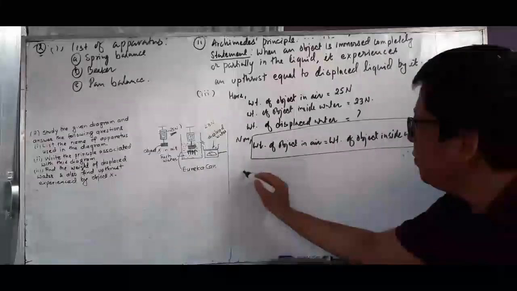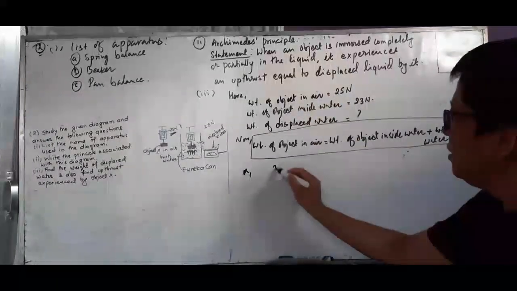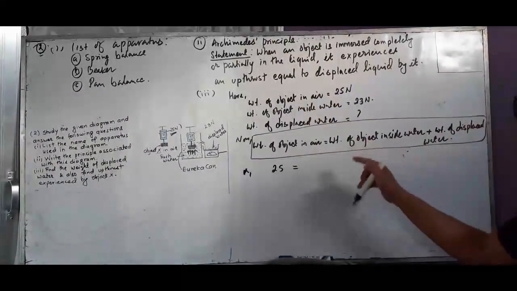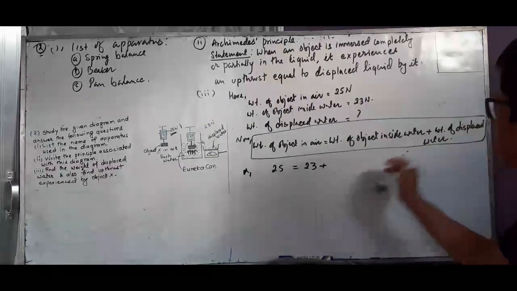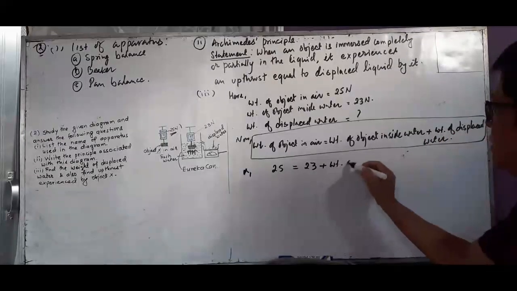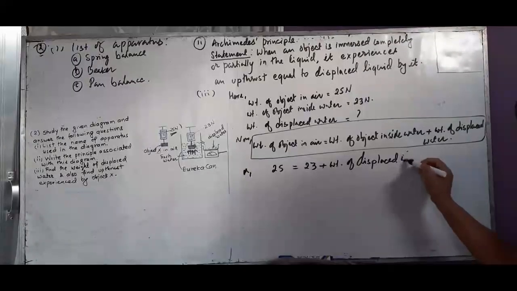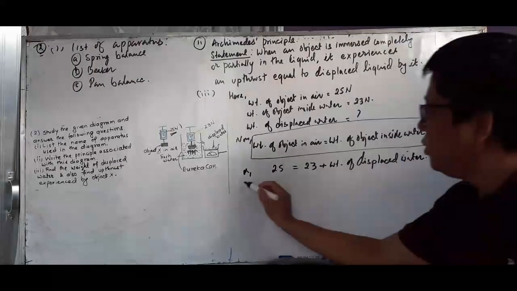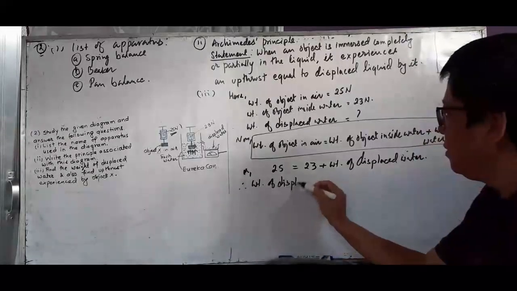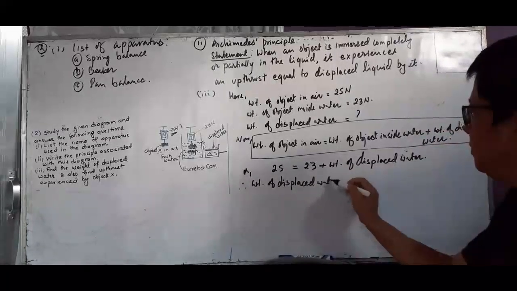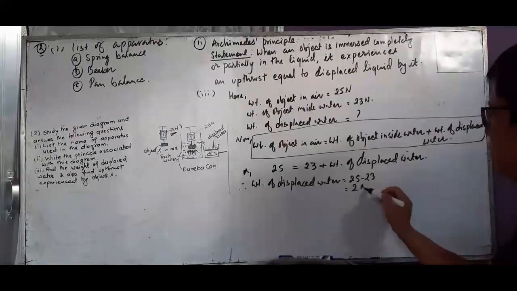So now we write: weight of the object in air, which is 25, equals weight of the object inside the water, which is 23, plus weight of displaced water. So this gives weight of displaced water equal to 25 minus 23, that is 2 newtons.